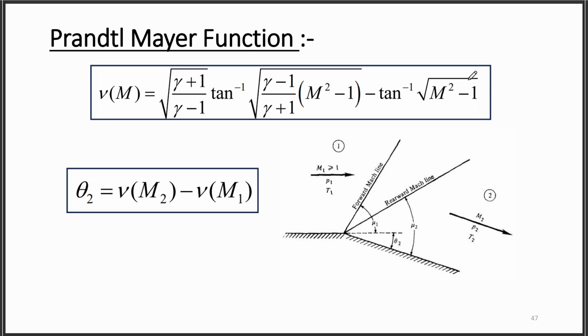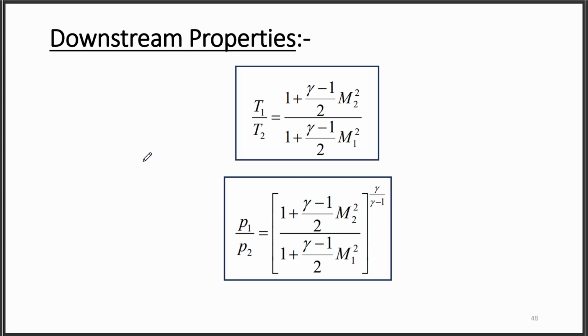And this angle theta, which is the turn angle, is given by nu(M2) minus nu(M1). So if we know the M1 value, we can find nu, then find M2 using this Prandtl-Meyer function. And as we already know the flow is isentropic, after we get M2, we can find all other flow properties with the isentropic relations.